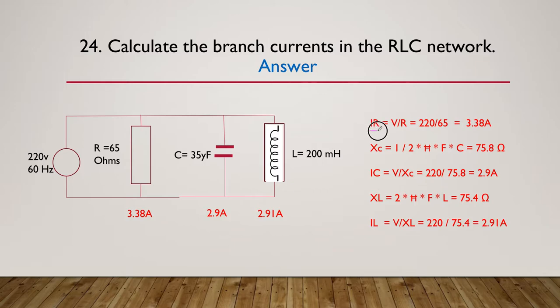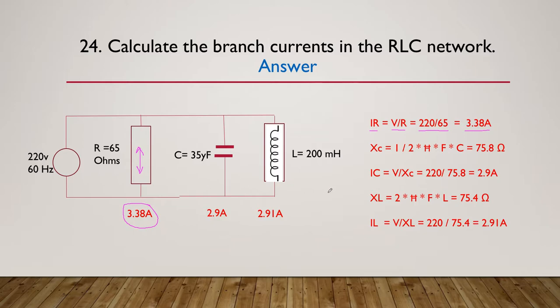So IR, the current in the resistor, is simply the voltage divided by the resistance. So 220 divided by 65 is 3.38 amps. So we're going to end up with a current of 3.38 amps through here. Remember, it's alternating current, so the arrows go in both directions.